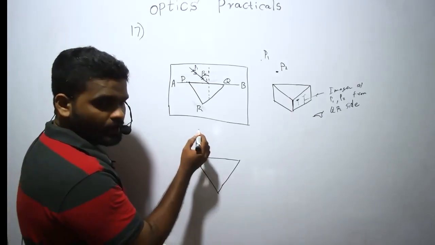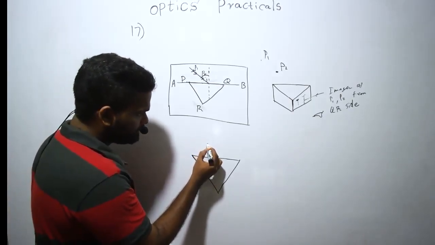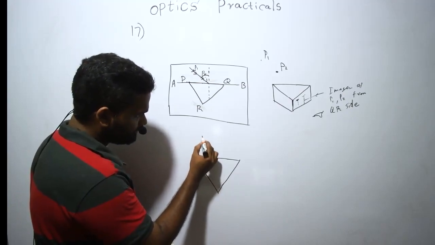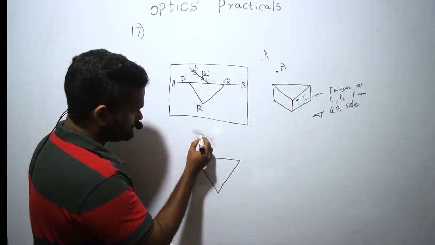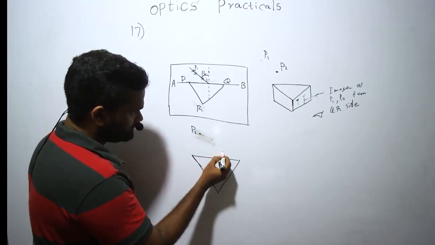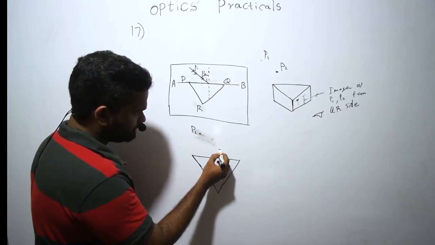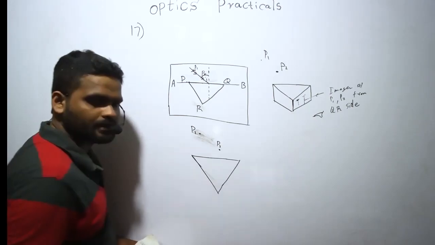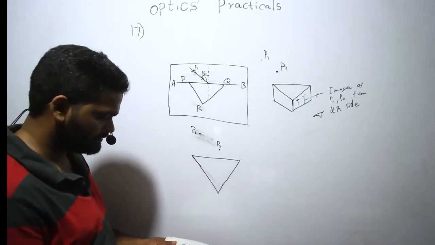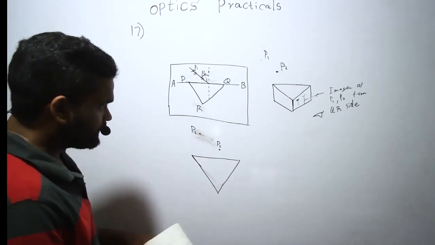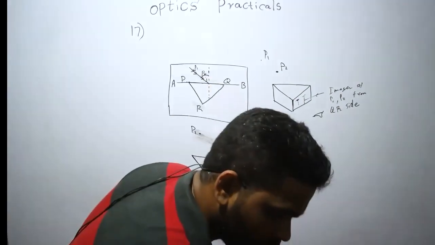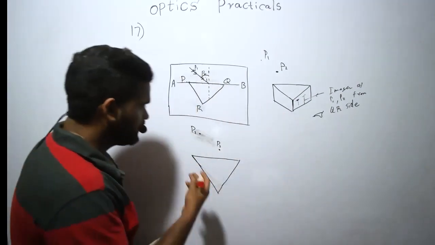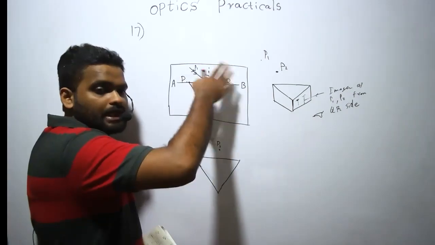So you have placed, let's say, P1 here. Let's say P1. Then P2 here. You know that from P1, light rays go everywhere, right?